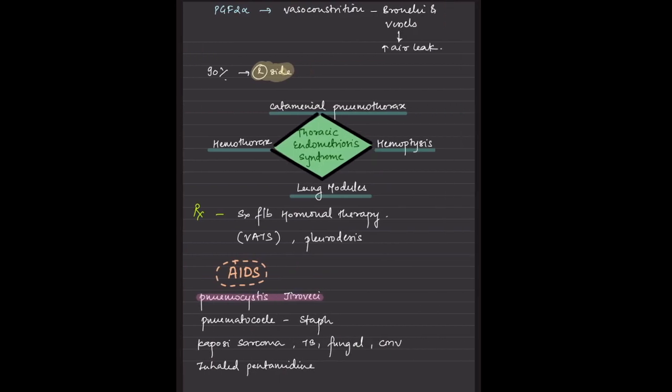This mostly occurs on the right side, and catamenial pneumothorax can come with hemothorax, hemoptysis and lung nodules, which is a syndrome called thoracic endometriosis syndrome. Okay, so we need to go with surgery, and we can also use pleurodesis followed by hormonal therapy.